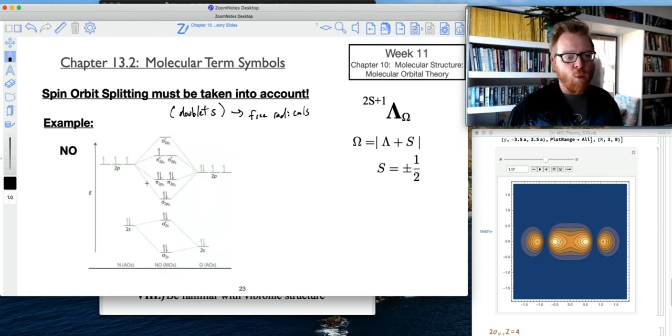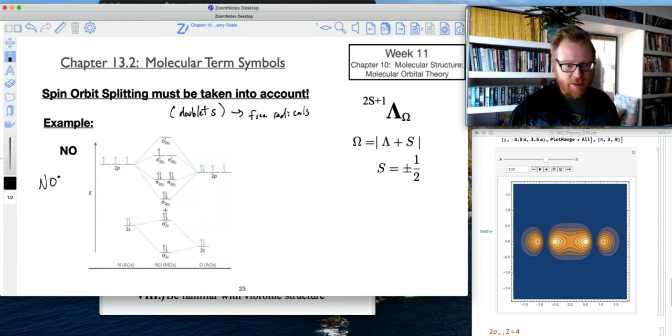So here we've got the NO electron configuration, and we can see that it is a radical, right? NO has one unpaired electron. So we know that the two sigmas are going to wash out to be 0. We know that all of these bonding electrons are going to wash out to be 0, right? 0 plus 0, and -1 and -1 and +1 and +1.